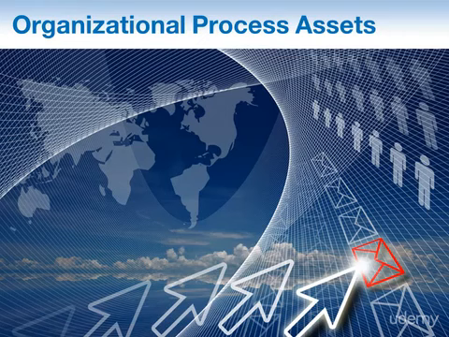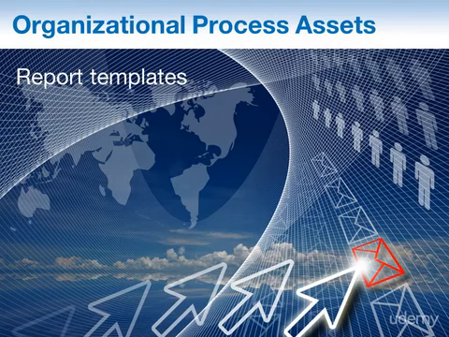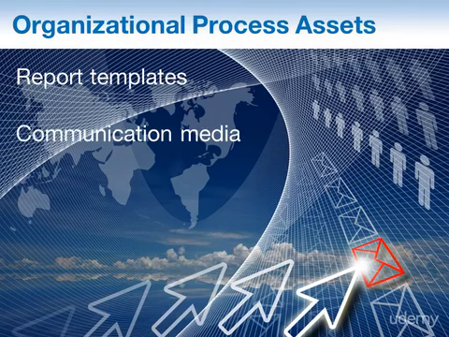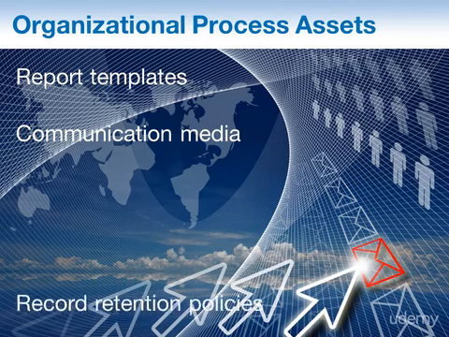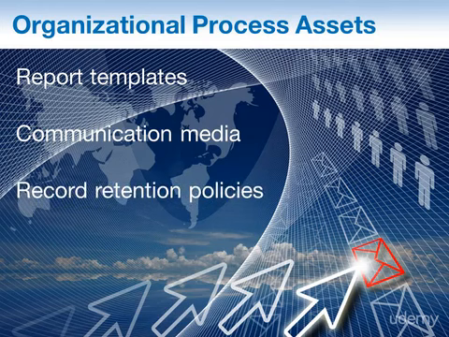Different organizational process assets may impact the control communications process, and here are some examples of these influential assets. Reporting templates provide consistency in how you deliver information to your stakeholders. Communication media. Your organization may specify which ones you are allowed to use and under which circumstances they are appropriate to use. Record retention policies. They detail how long you have to retain information and when you should dispose of it.